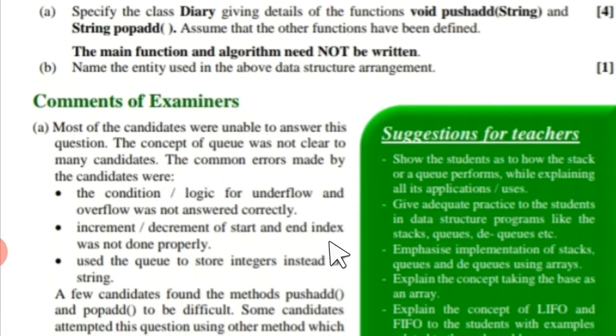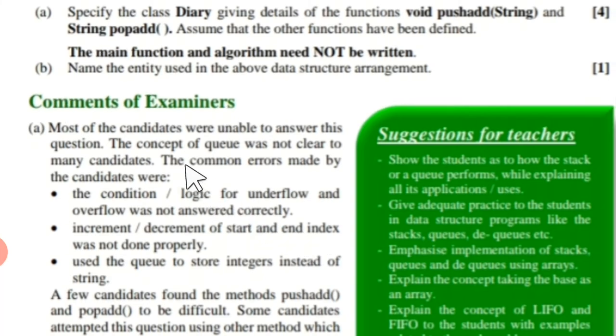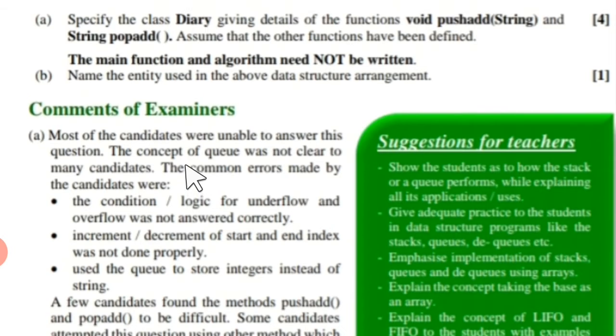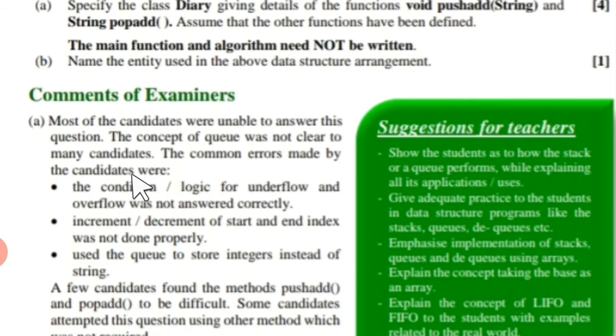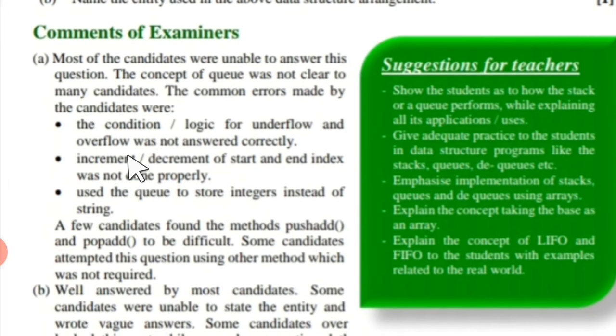Now students, there are certain comments from the examiners of ICSE. Most students were unable to answer this question. The concept of Q was not clear to many candidates, so try to understand the concept well, students. The common errors made by the candidates were that the condition logic for the underflow and overflow was not answered correctly. Increment and decrement of the start and end index was not done properly.